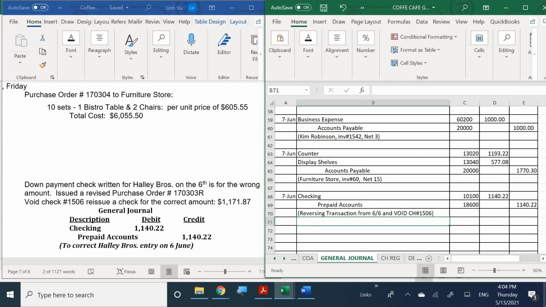Okay. So there we have it. You can say to correct the error, whatever you'd like. In this case, I made it a little more clear. So I'm reversing the transaction and I voided the check.